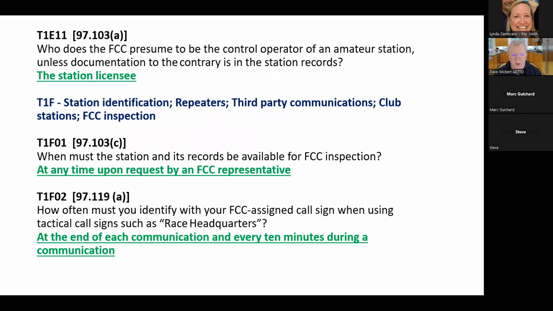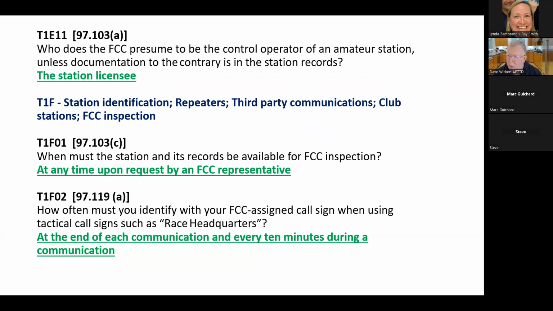Who does the FCC assume the control operator is of an amateur radio station? It assumes that's the station licensee, unless the station has some kind of a log or something that defines for them who the control operator is. You must make your records available to the FCC if they come knocking at your door, when they request access to the station and any records that may be available.